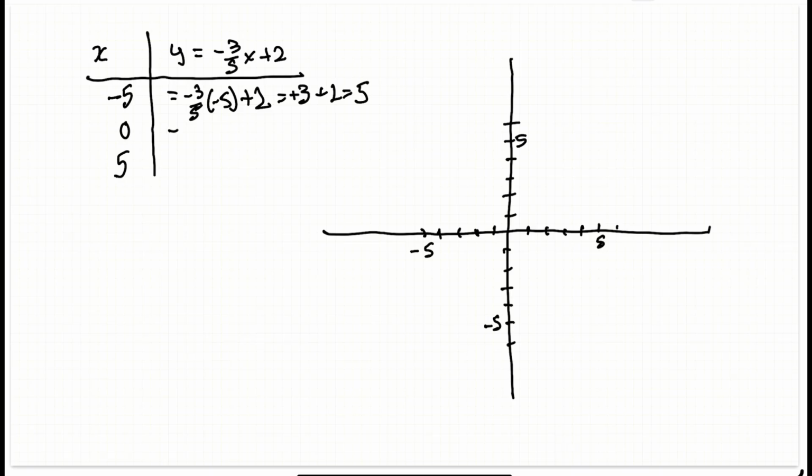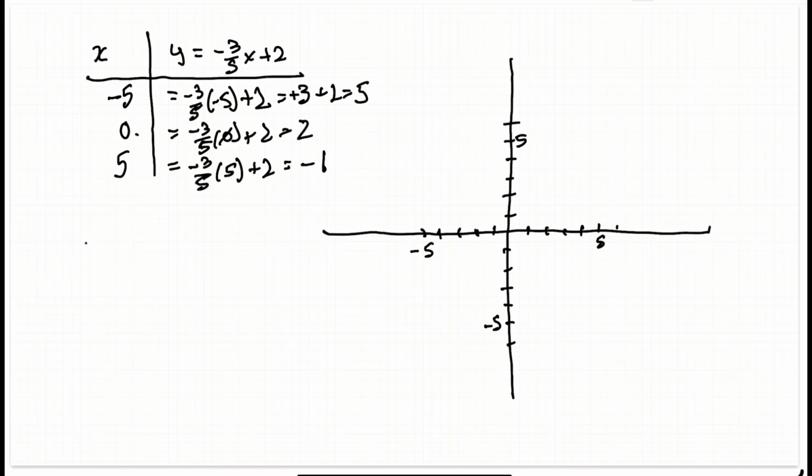Now in this case, where x is equal to 0, then we're going to get minus 3 divided by 5 times 0 plus 2 is just equal to 2. And for x equal to 5, we're going to get minus 3 divided by 5 times 5 plus 2. So that's going to be minus 3 plus 2, which is minus 1.